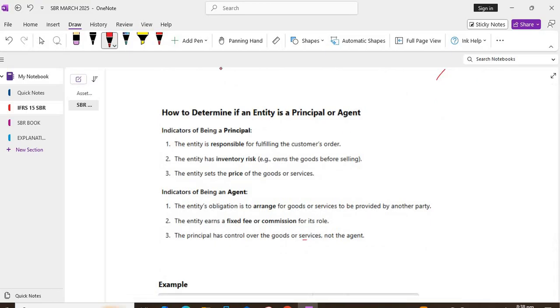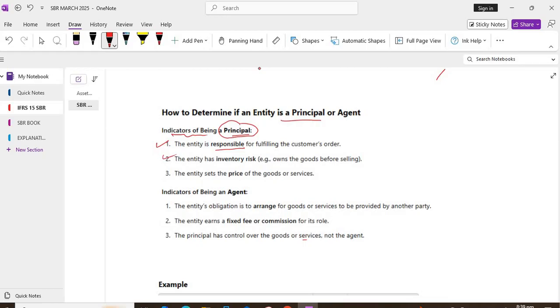Okay, how to determine if the entity is a principal or an agent. There are some indicators you have to remember for being considered a principal or agent. The indicators of being a principal: the first one is that the entity is responsible for fulfilling the customer order. The one who is responsible for fulfilling the customer order is an indicator of the principal.